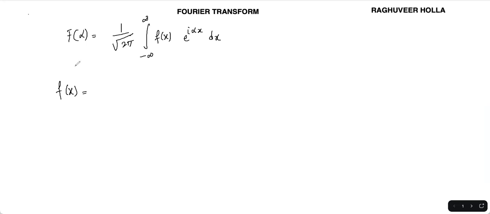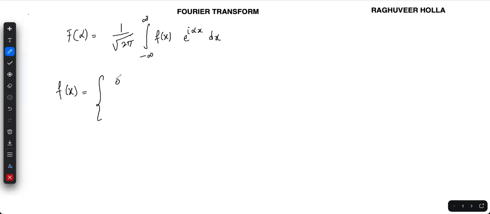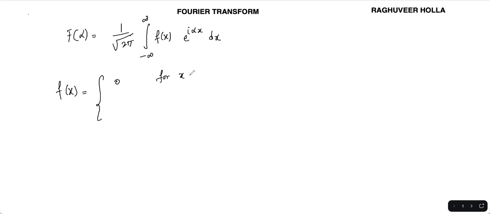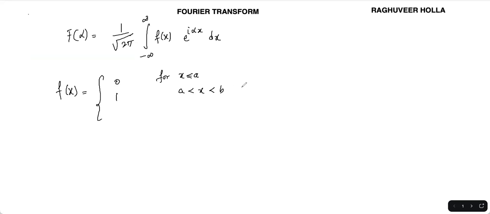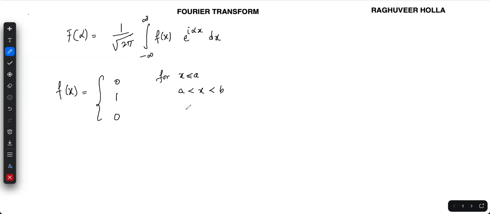The function f of x is 0 for x less than or equal to a, and the function is 1 for x in a and b, and 0 for x greater than or equal to b. So let us solve this.